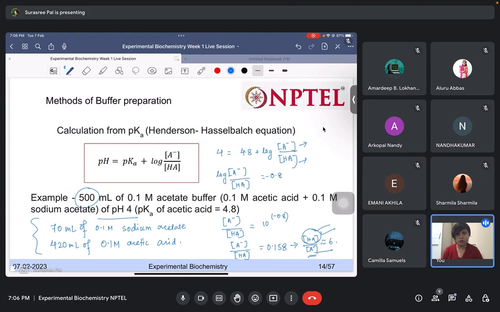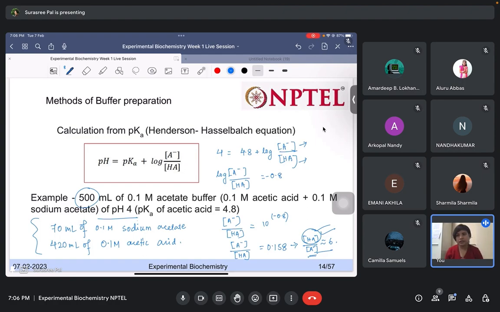So here what we are doing is calculating how much acid and how much base we have to add, so that we have a clear idea of the ionic strength of our final buffer. But in the titration method we did not know the ionic strength of the final buffer, because we were adding unknown amounts of acid or base while adjusting the pH.